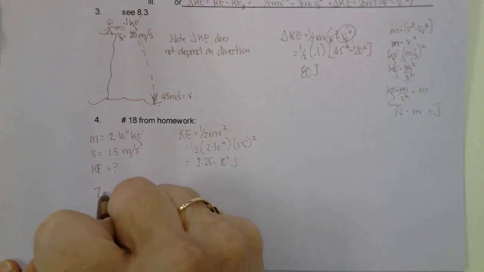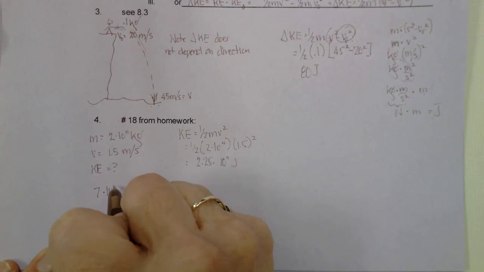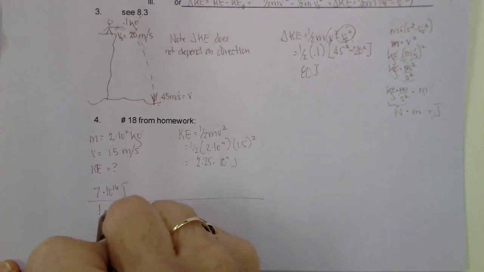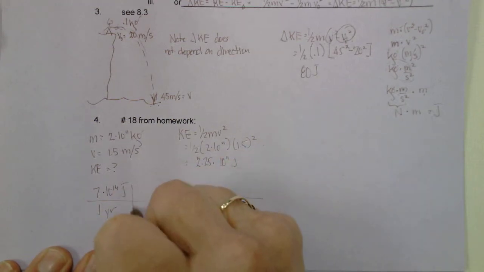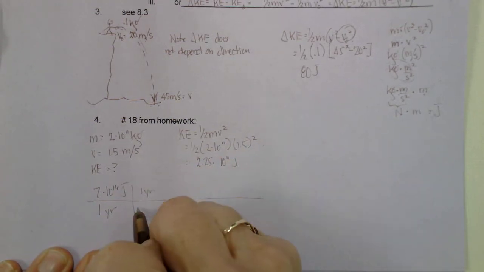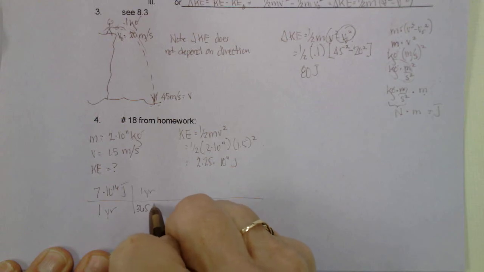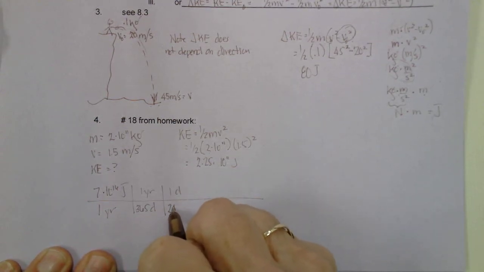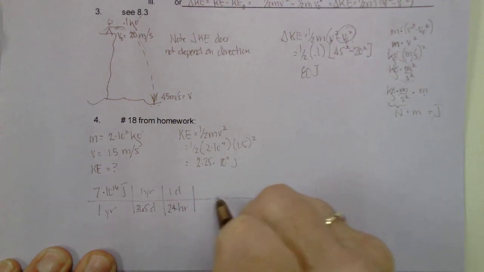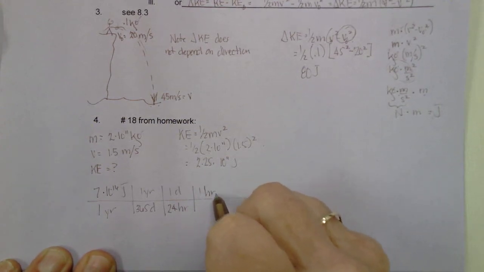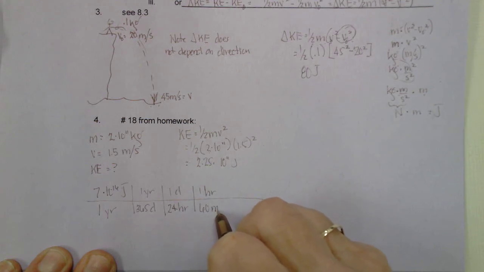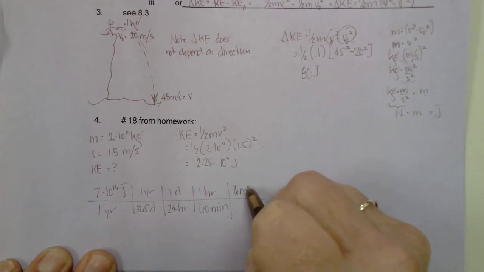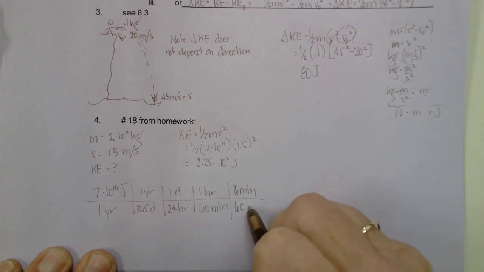So what I know is 7 times 10 to the 16th joules in the course of 1 year. But I know that 1 year is 365 days. I know that 1 day is 24 hours. I know that 1 hour is 60 minutes. And finally, I know that 1 minute rather is 60 seconds.